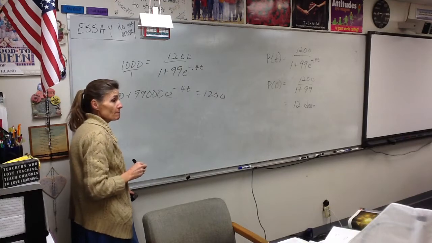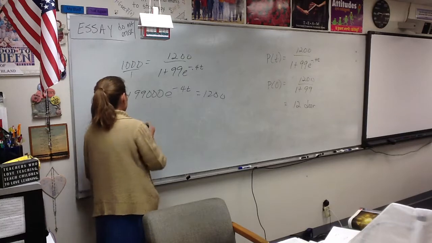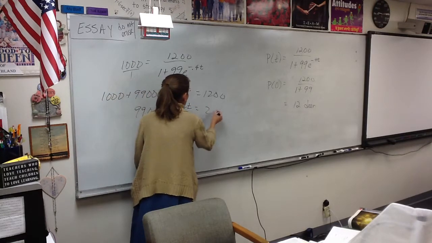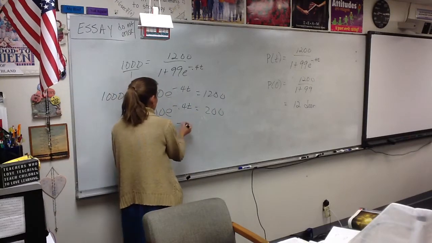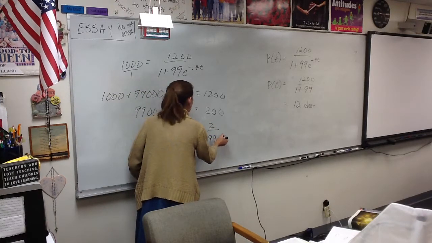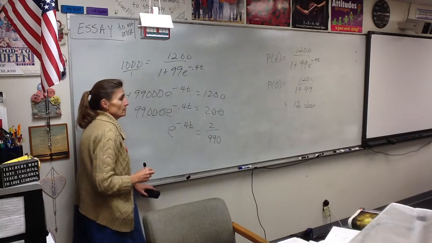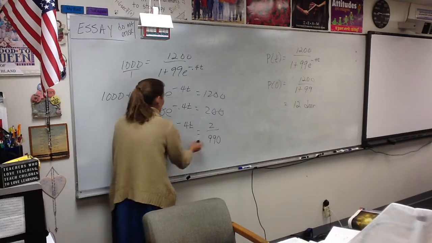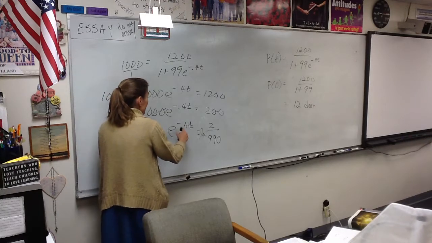First step to solving, don't divide yet. Subtract 1,000. Now, divide. So we're gonna have 2 over 990, I can cancel out 2 zeros. Now what? Take the natural logarithm, ln, of both sides. What is the natural logarithm of e to the negative 0.4t?